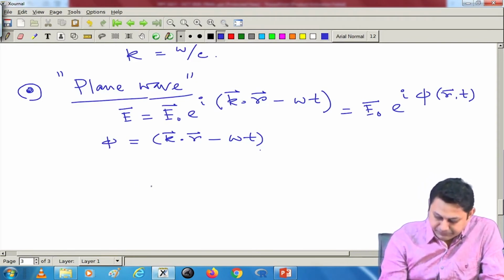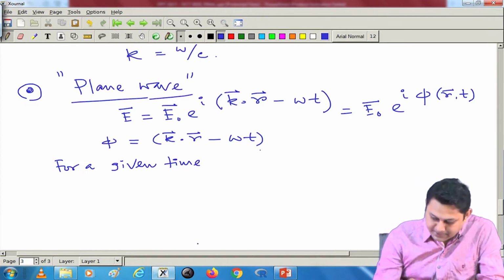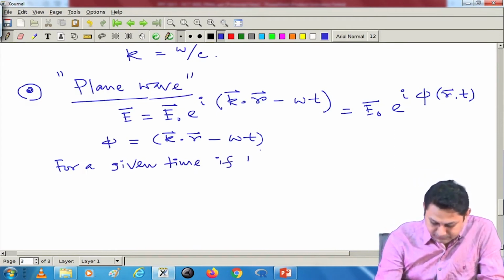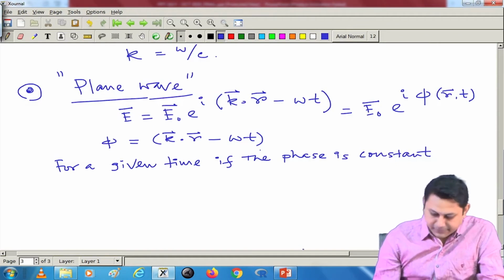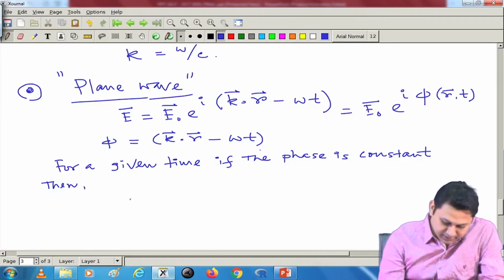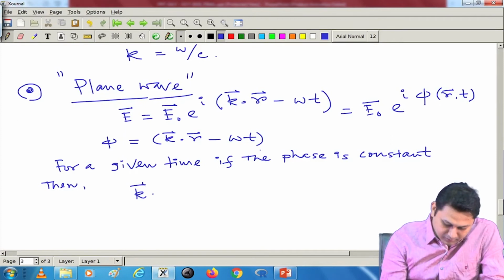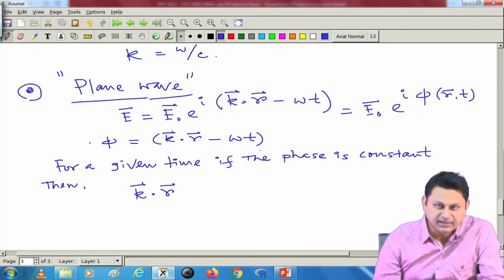For a given time, if the phase is constant, then we can write that k dot r, for a given time, that means t is a constant, and the phase, whatever the phase I write, phi is a constant.